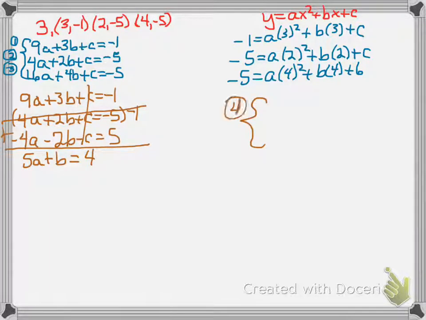Okay? That's my equation number 4. So 5a plus b equals 4. There we go.